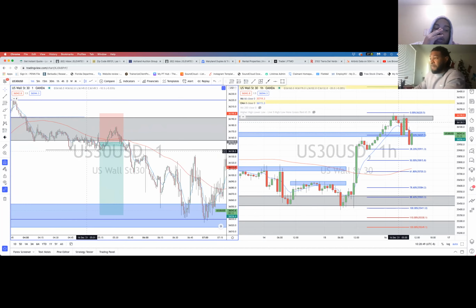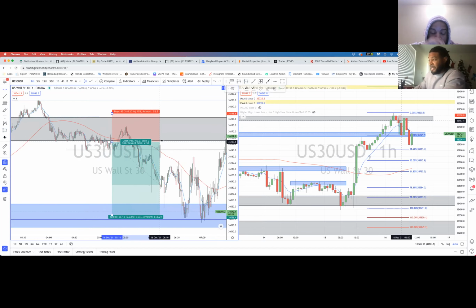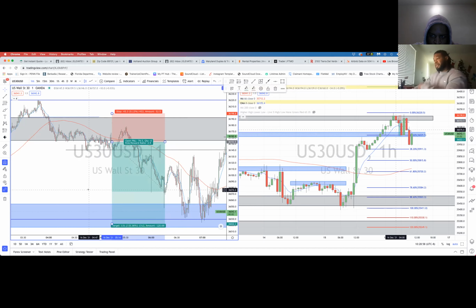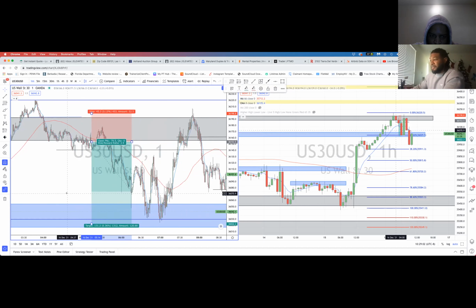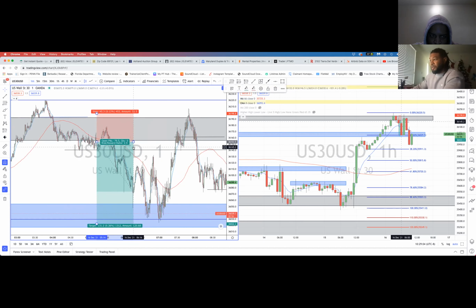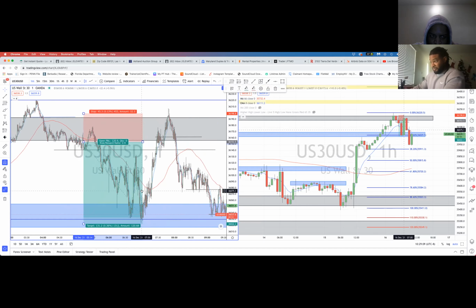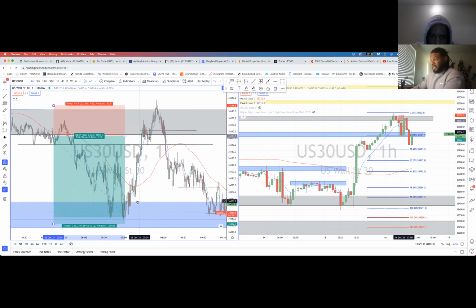Now, a lot of times what happens to me is I'll be up and let's say it doesn't hit my 3 to 1, which it won't. A lot of times I'm looking at it, like, okay, is it just coming up to create a lower high where I can scale in and continue to move?